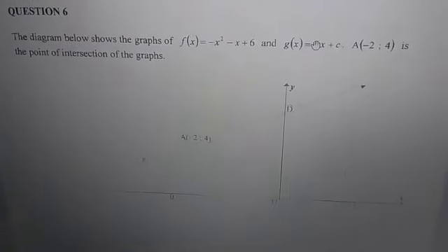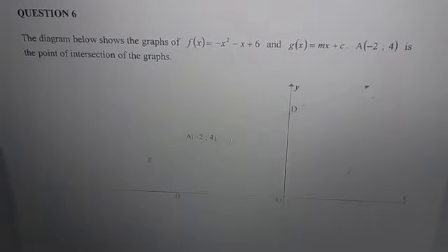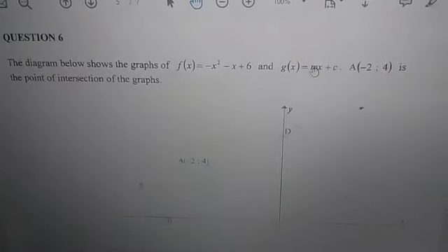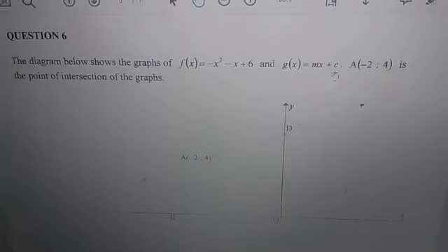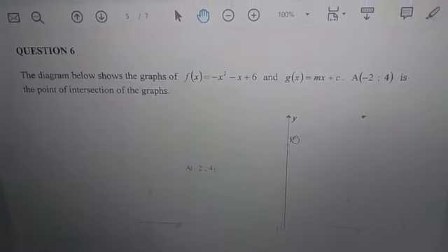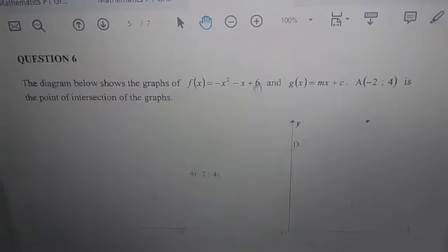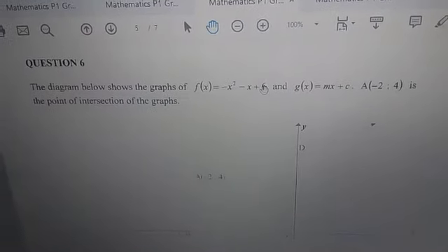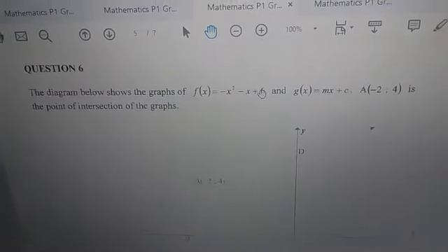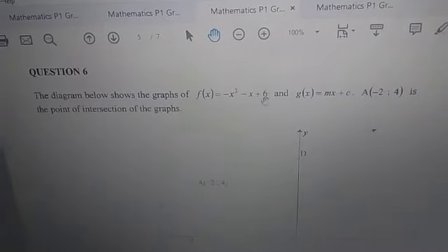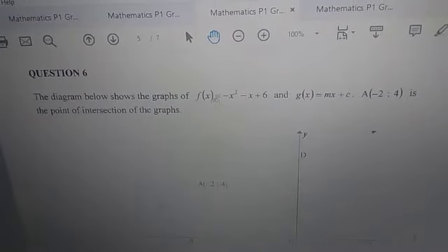So you only need 1 point to determine the gradient and c. We are also having D here. It's an advantage because you know it's the y-intercept of f of x.